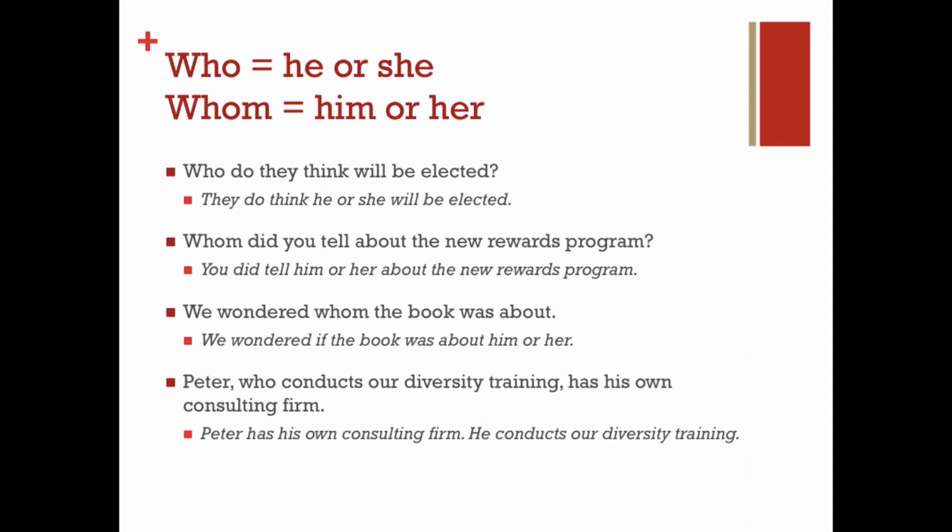Rather, we would need to say he does. So because it's he, we know that who would be the correct pronoun to use in a case like that. Also, this one's kind of easy, or at least I thought it was, because who is referring directly to who our subject is. And so because we know that anything that's going to be nominative case or subjects is who, that one seemed like a pretty easy example for me.